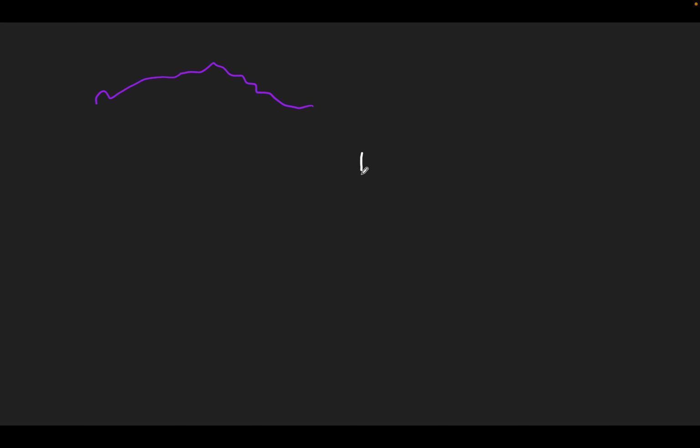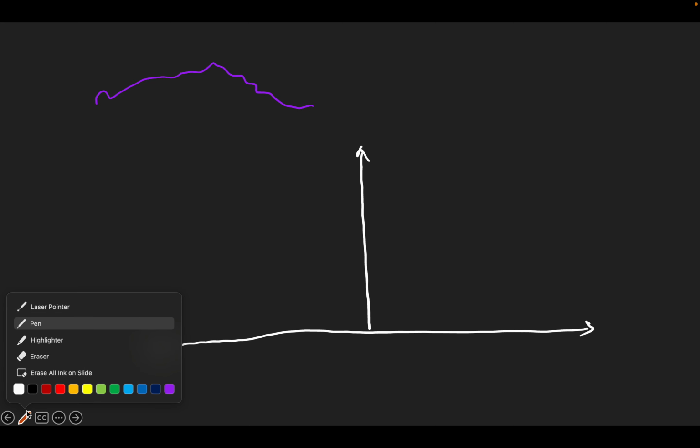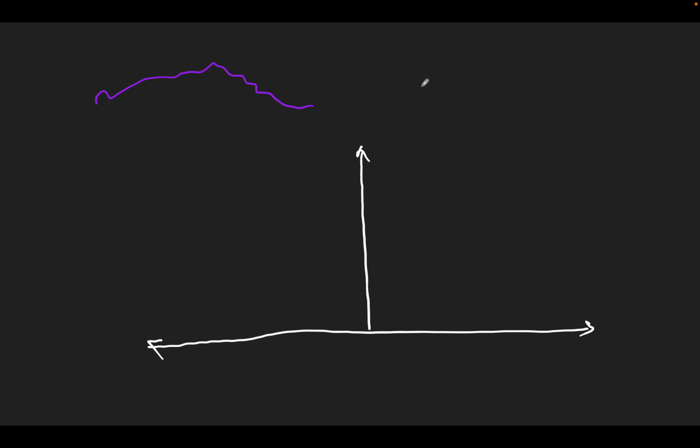Let me draw the coordinates x and y. This is x-axis, this is y-axis. And this purple color wire is bent in the form of a parabola y equal to kx square, right?